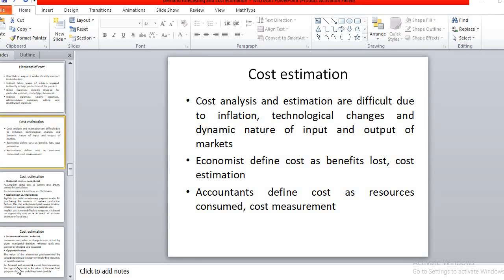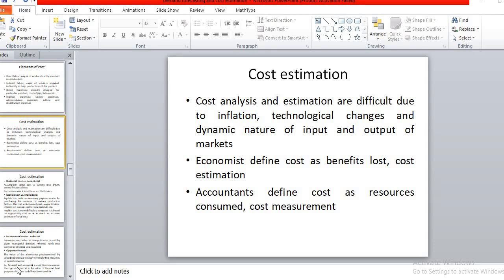Accountants define cost as the cost incurred for the resources consumed, which is used for cost measurement purposes. According to accountants, cost is related to cost measurement.